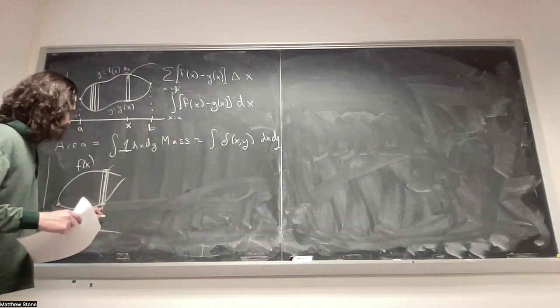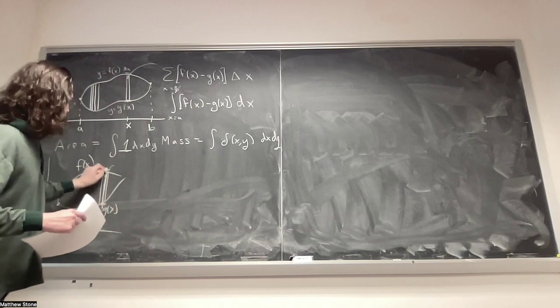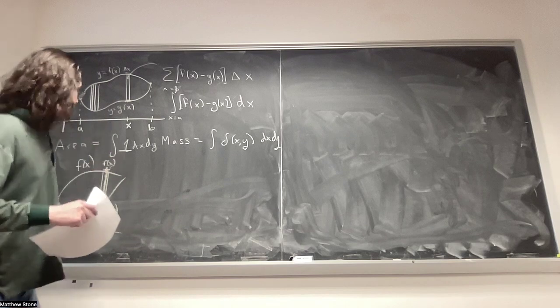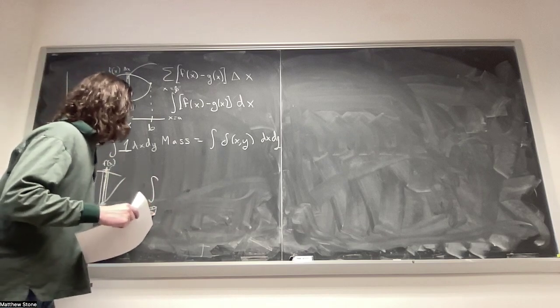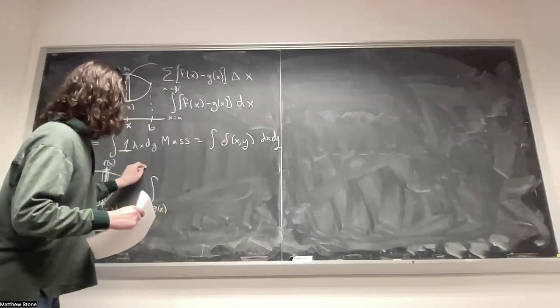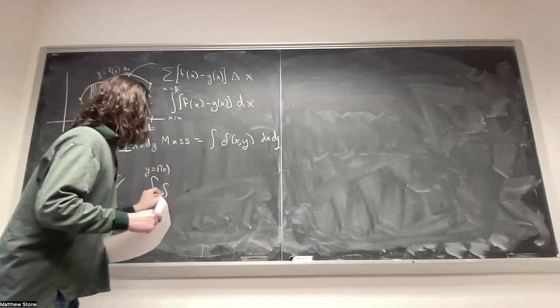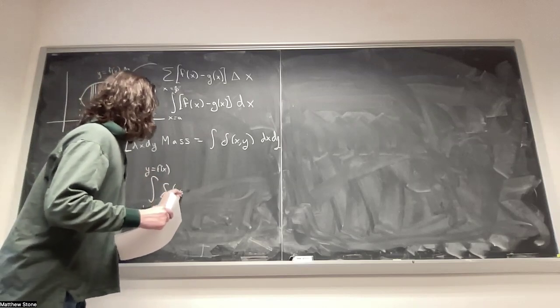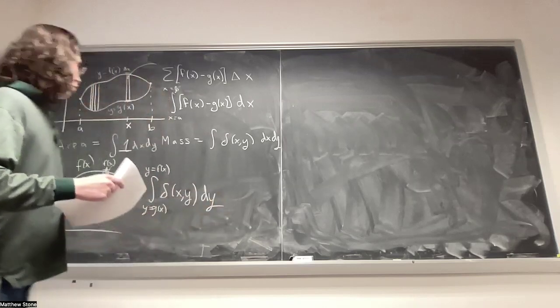Down here, we have g of x. Up here, we have f of x. And so we're integrating from the y value of g of x up to the y value of f of x of the density function. Here, x is a fixed value, and we're integrating over y.